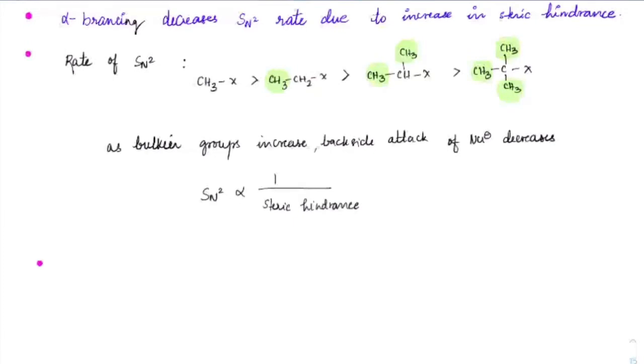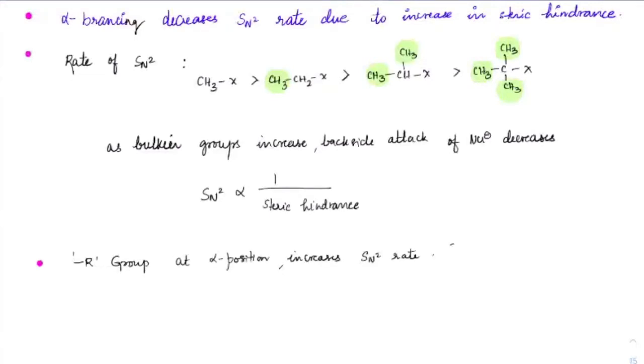Now, the second aspect is that if a minus R group at the alpha position is present, it increases the SN2 rate.